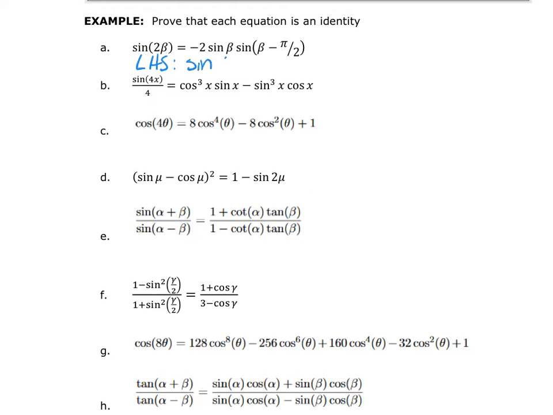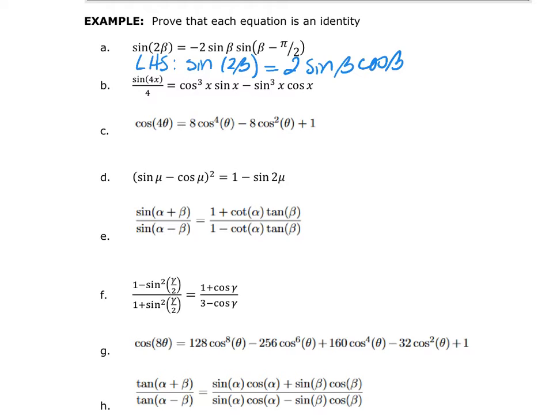So I'm going to start with the sine of 2 beta. The reason I chose this side is because the right-hand side kind of looks like the double angle. I see a 2 there. But it's sine, but we'll work that out. So I am going to use a double angle, and this is going to be 2, the sine of beta, cosine of beta.